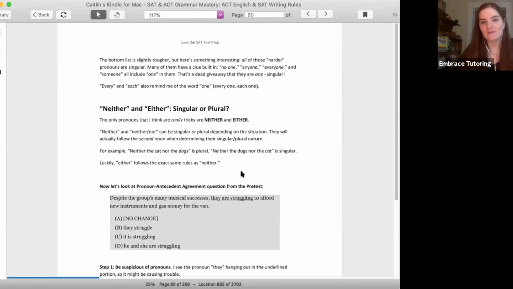So it depends. They will actually follow the second noun when determining the singular or plural nature. So in neither the dogs nor the cat, the cat is the second noun in that construction, so therefore your verb has to match as singular. Whereas your pronoun that has to match is singular here.